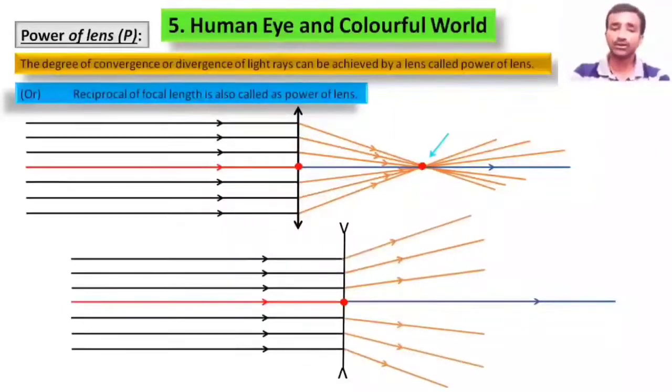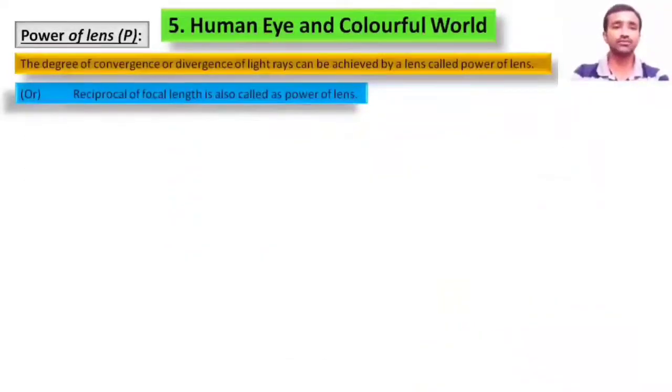By drawing the backward rays, we get a common point on the principal axis that we can call the point of divergence. This is called the degree of divergence of light rays. It is also designed by the lens maker while it is being made, right? So this is the meaning of the first definition.